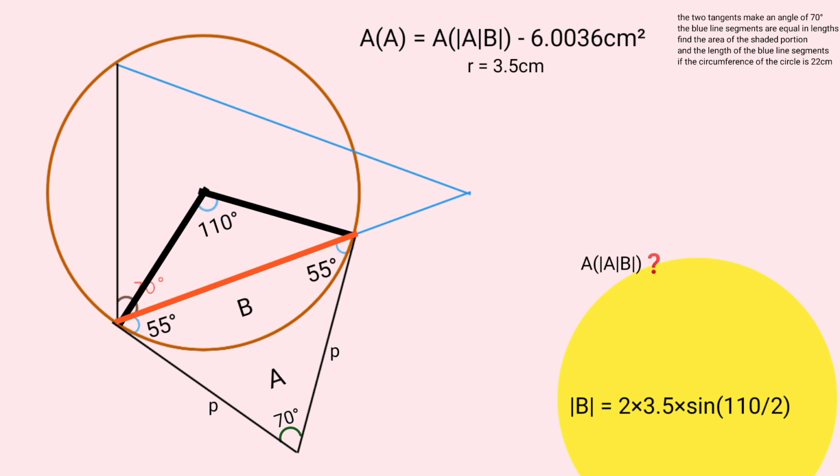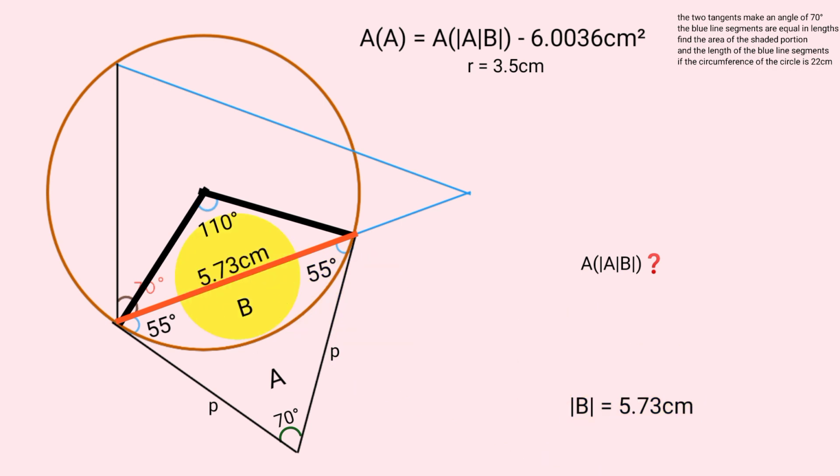So length of chord B now equal to 2 times 3.5 times sine 110 over 2. 110 over 2 is 55 degrees. 2 times 3.5 is 7. So length of chord B is 7 times sine 55. 7 times sine 55 is 5.7341, approximately equal to 5.73. So length of B equal to 5.73 centimeters.